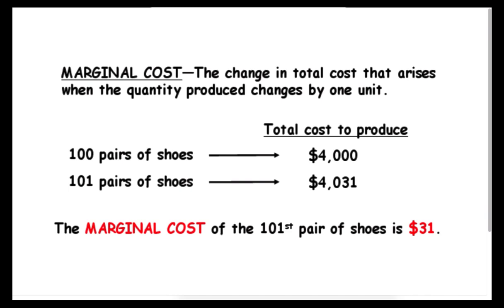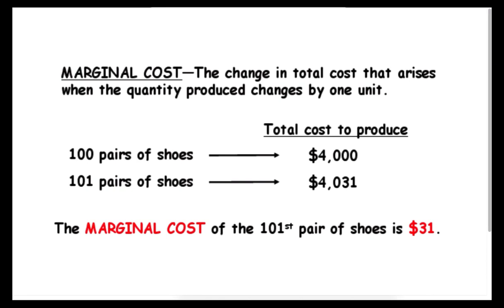Let's say we're in a shoe factory. Let's say you're the CEO of a shoe company, and somebody's got to be it, right? And so the factory churns out 100 pairs of shoes in a day, and it costs $4,000 to make all those shoes. You've got the materials, the leather, the laces, but you also have people involved. You have workers that you need to pay, machinery that you have to purchase and maintain.